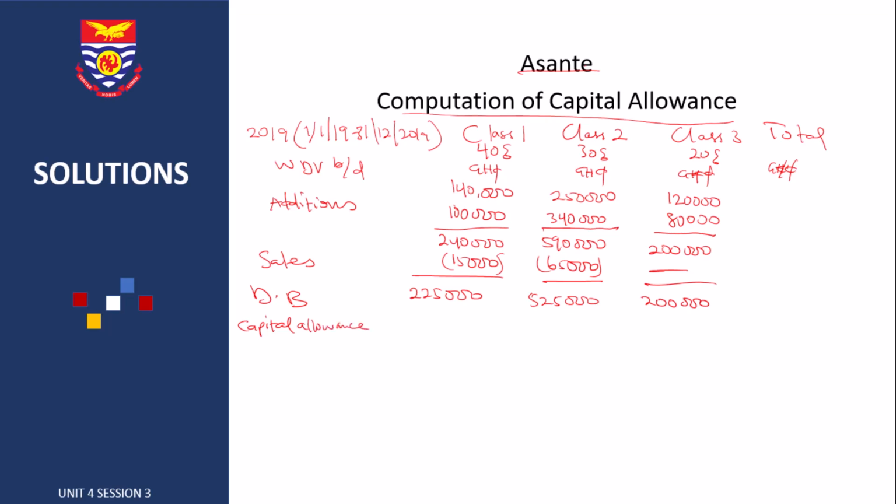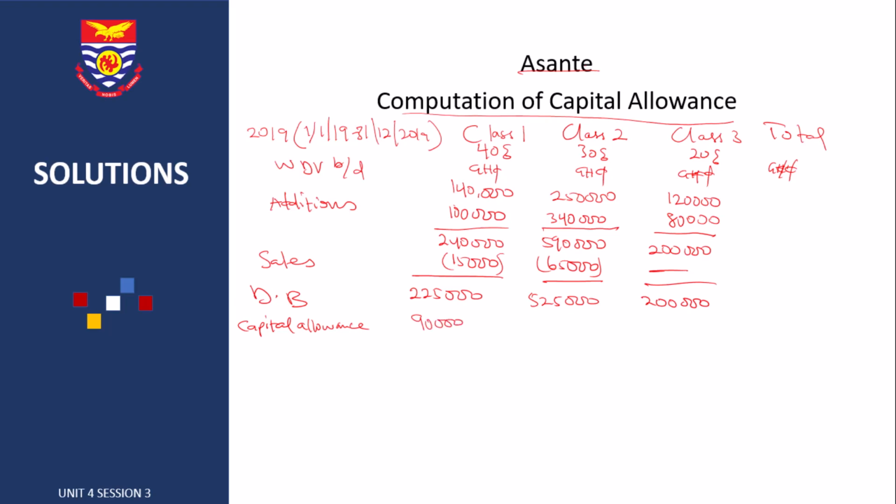And we know the formula is A multiplying B multiplying C over 365. So in terms of class 1, you are going to punch on your calculator 225,000 multiplying 40% multiplying 365 over 365, and this is giving us 90,000.